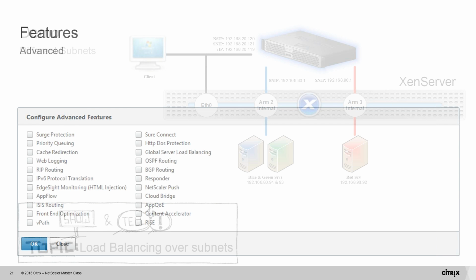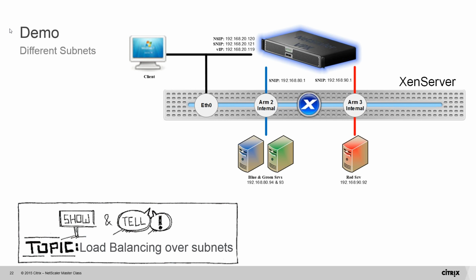So with that, I wanted to show you a 3-arm environment. I spoke at the beginning about 1 arm and 2 arms. Let's have a look at a 3-armed environment. I've got my Xen server in my lab here, and on it I've defined 3 networks.